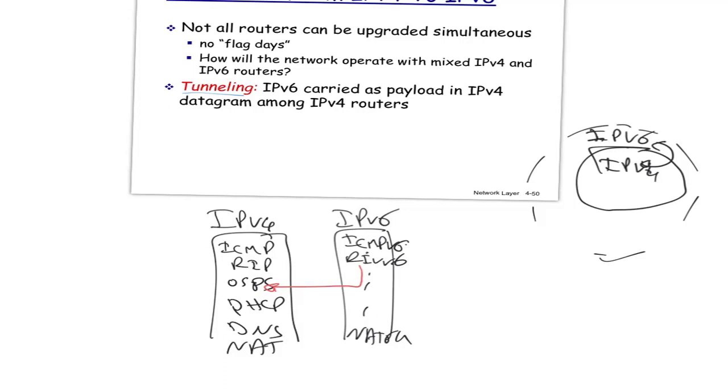Okay? So you have to do that using a certain technique. This technique is called tunneling. So dual stack itself is not enough. You have to have tunneling. Dual stack is given. We can use Windows and we have dual stack. But we need tunneling. So the idea of tunneling is this.